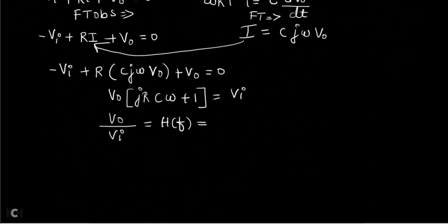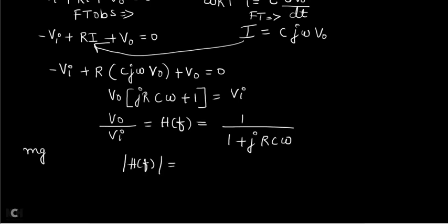That is given by 1 divided by 1 plus j R C omega. Now I want to know the magnitude of the frequency response of the low pass filter. This is the magnitude frequency response of the low pass filter.